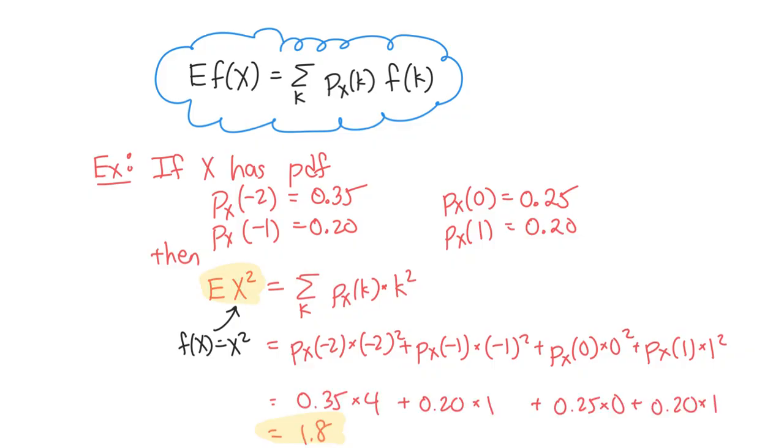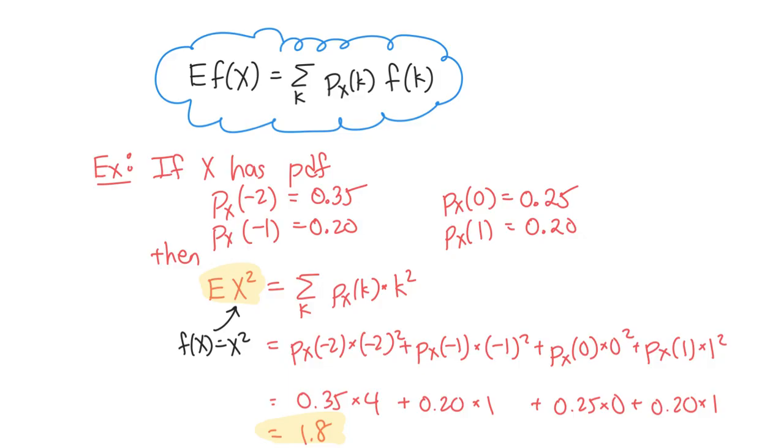Plug in the values for the PDF, square as needed, and you get the expected value of the square is 1.8.